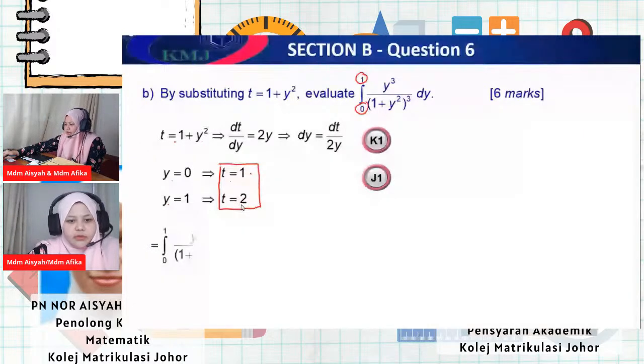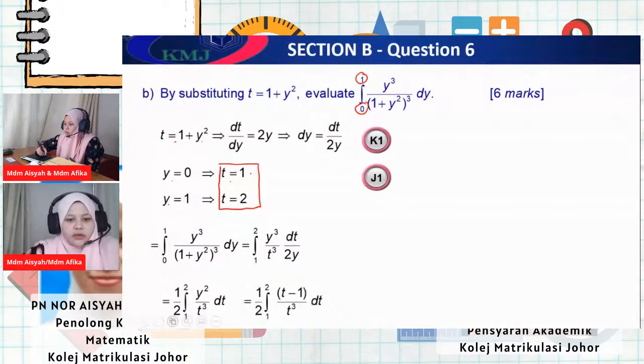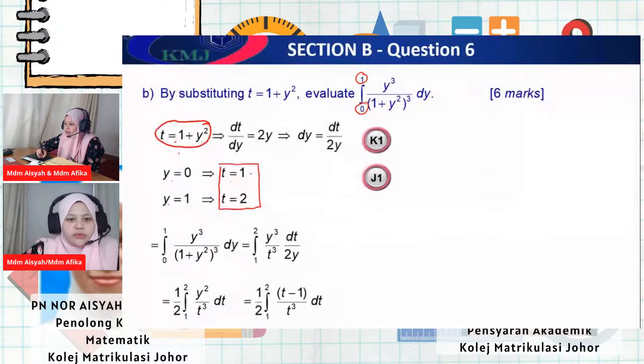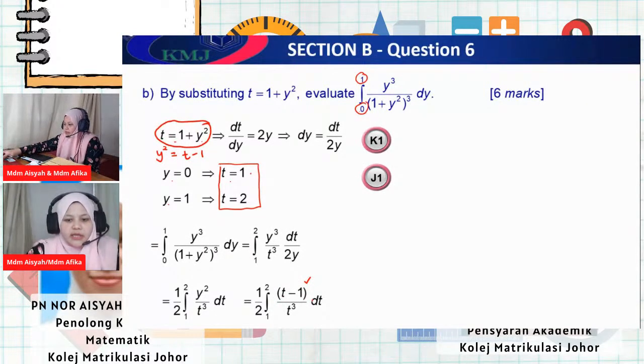Alright, so we substitute. So y cubed over t cubed times dt over dy. We can bring 1 over 2 to the outside. We factorize the constant. Y squared here: since t equals 1 plus y squared, we can make y squared the subject. So y squared equals t minus 1, so that we can substitute here. So we get (t minus 1) over t cubed dt.